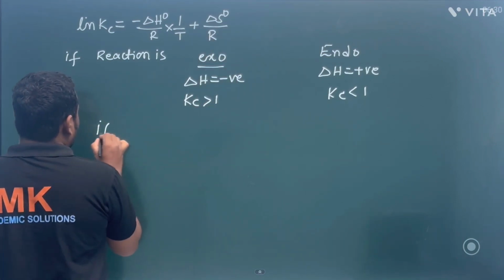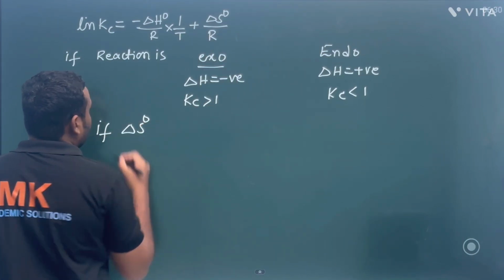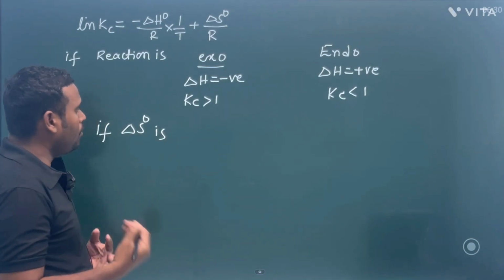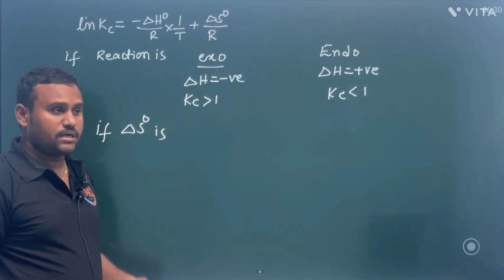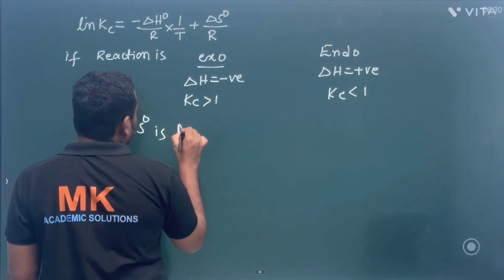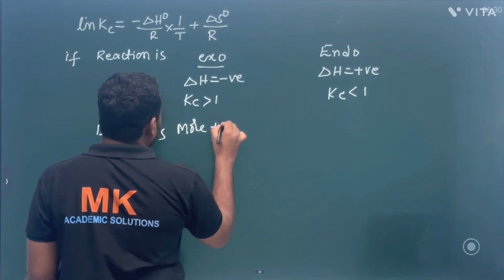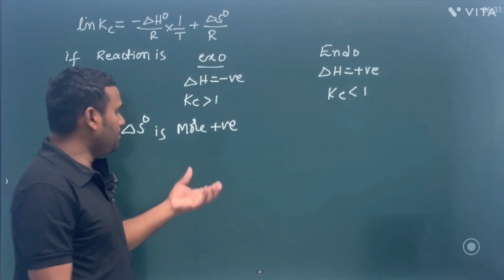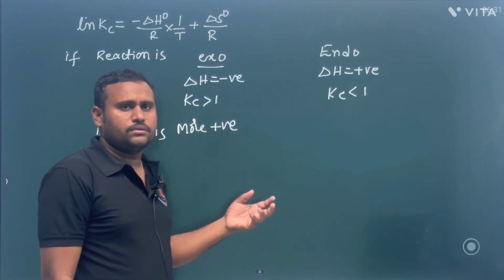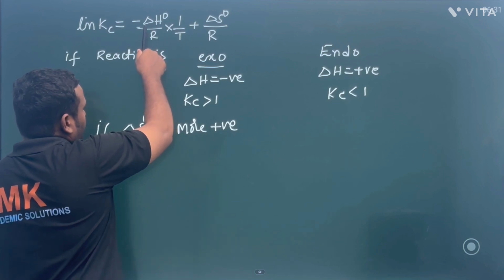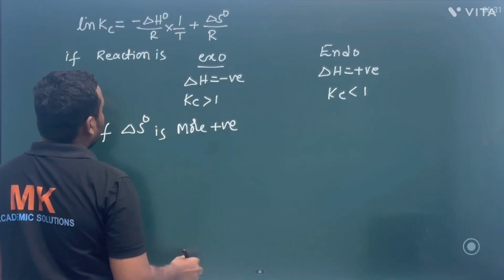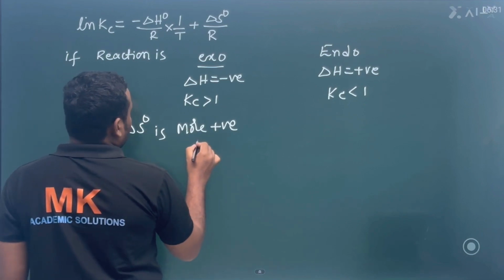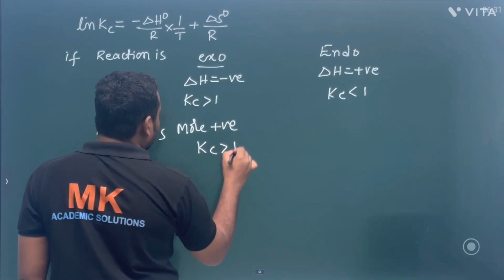If delta S naught is more and more positive, then here Kc again will be greater than 1.